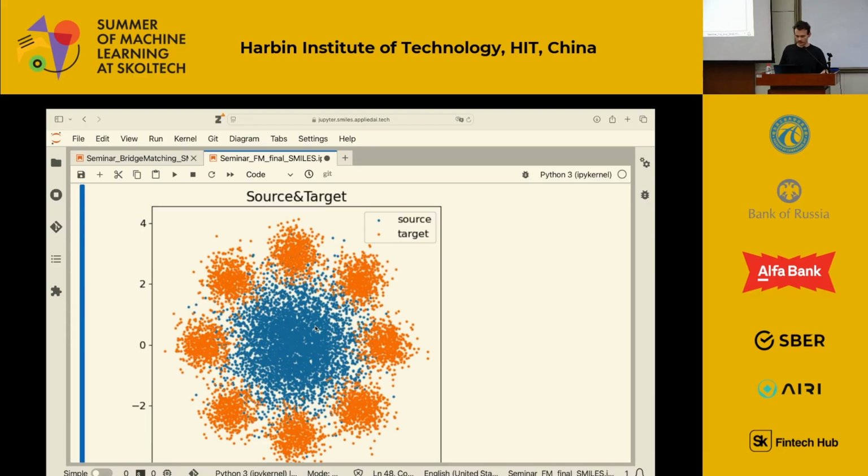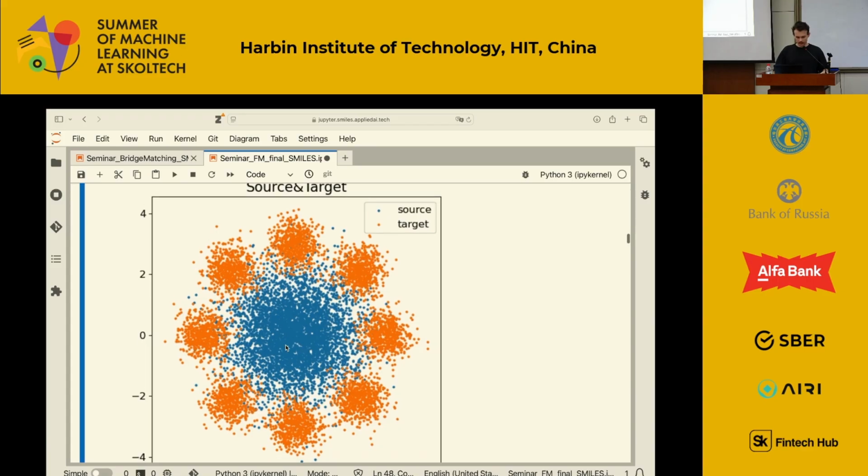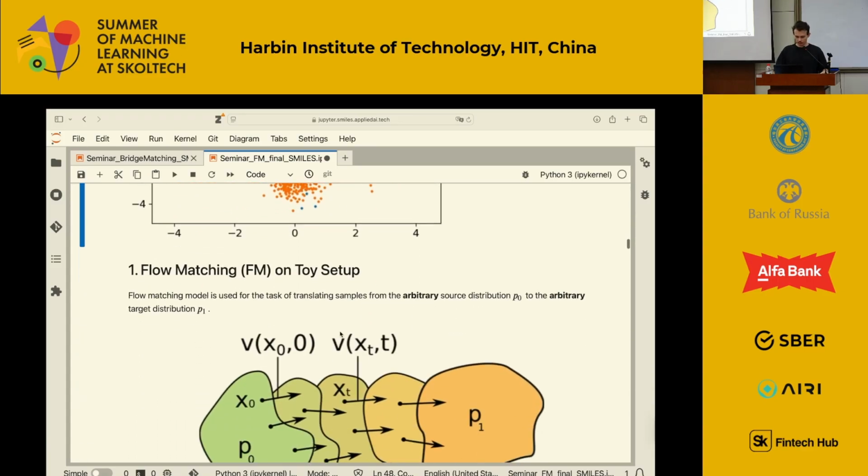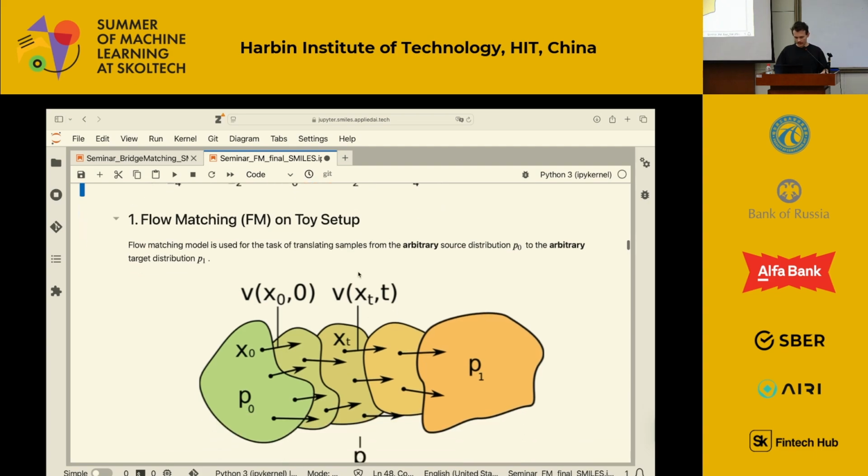You can see these 8 Gaussians, which are orange, which will be the target distribution that we want to fit our flow matching to, and the source distribution, which is just this one Gaussian that we will start our flow matching from. This is just a toy problem, good to benchmark flow matching on. And so, let's recap some theory.